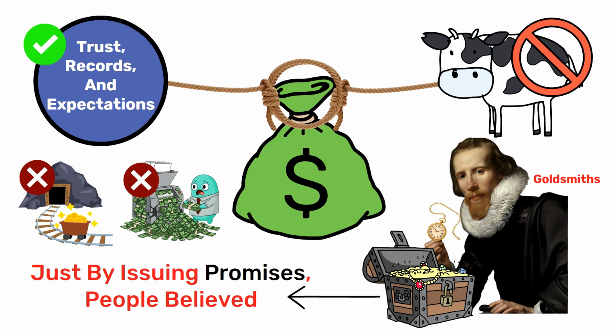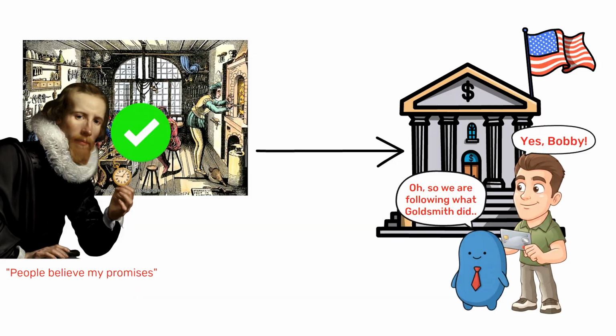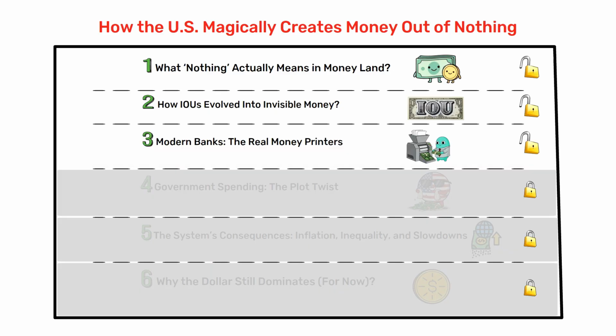And that simple trick becomes the blueprint for every modern banking system on Earth, including the one the US uses today. If the goldsmiths were the first to create money out of nothing, then modern banks are the industrial-scale version of that trick, bigger, faster, and far more influential.